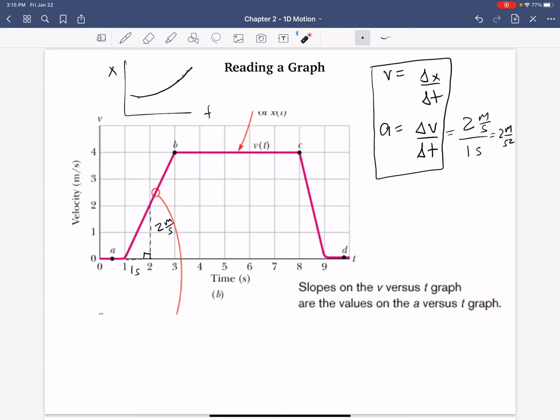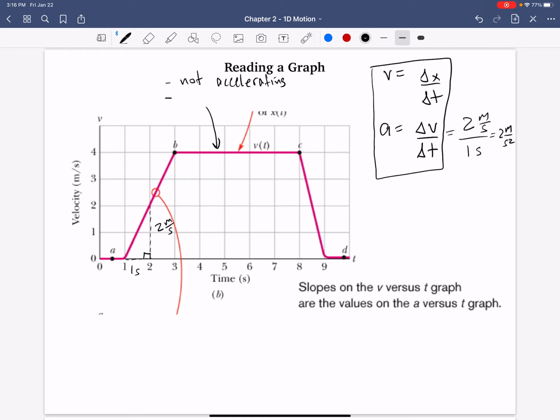Between points B and C, the slope is 0, so it's not accelerating, all right? So let's put that in there. That's very important to note. So in there, it is not accelerating, because the velocity is not changing over time.